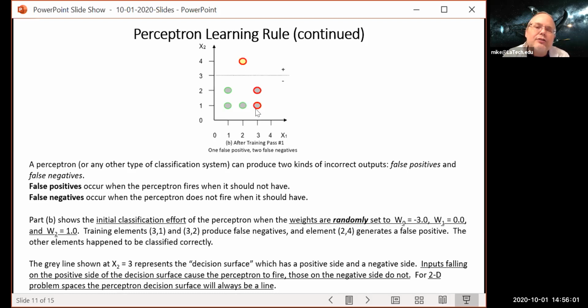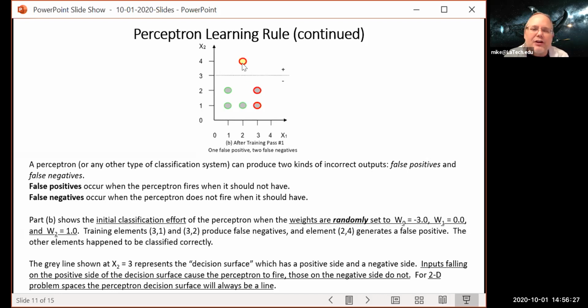By the colors here, you can see that there are two kinds of errors that you can make. You can make false positives, and you can make false negatives. This isn't just true of perceptrons, this is true of any type of classification system. In a classification system, you can have false positives or you can have false negatives. A false positive occurs when the perceptron fires.